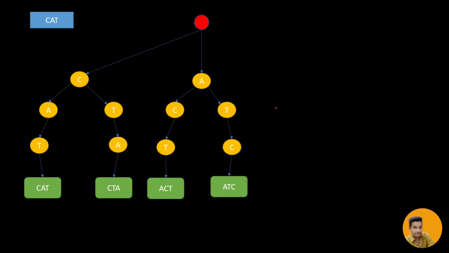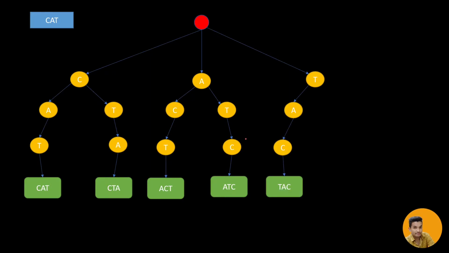Or I can go even further back and start at this T. So this will give T, then I choose A, C, and TAC, or I can choose C first instead of A. So C, A, and T, A. So TCA. So here there are 6 possible arrangements.